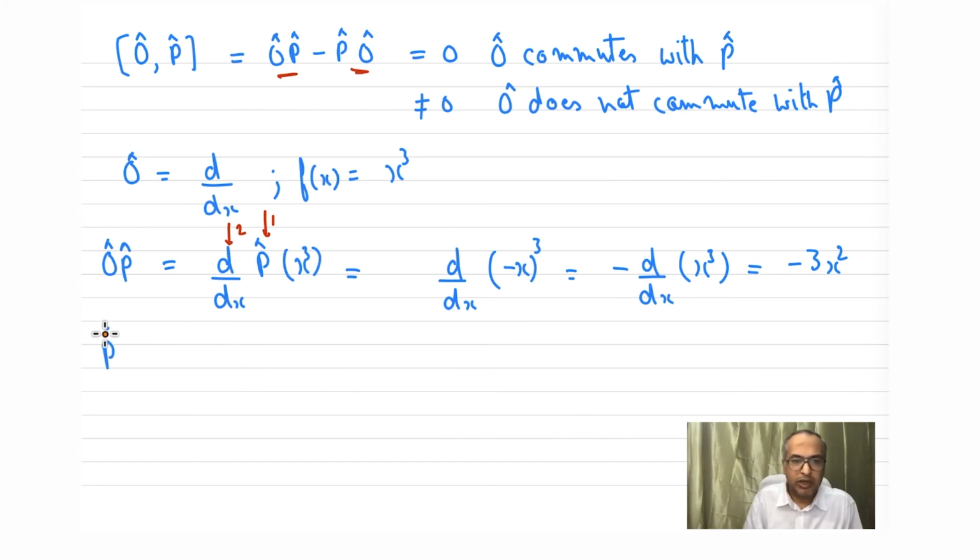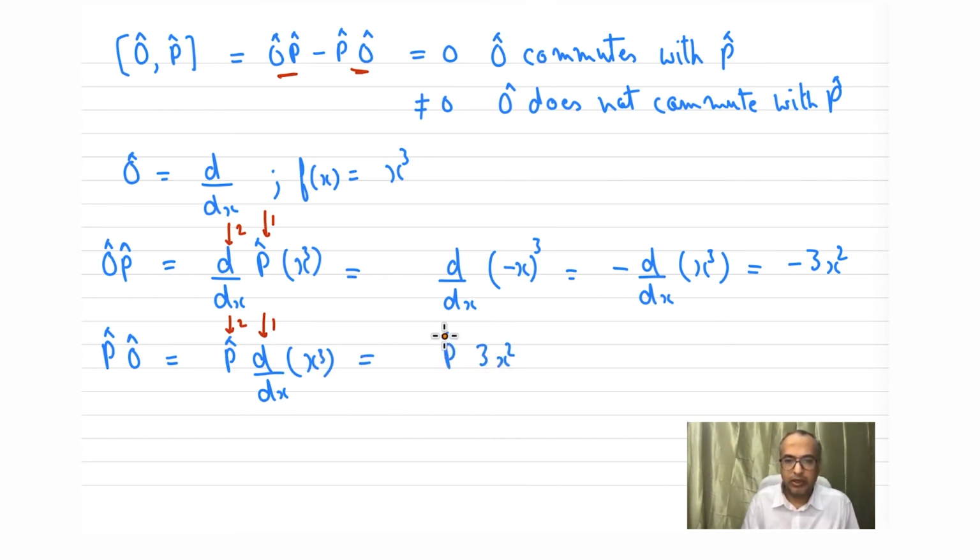Now let us calculate PO. So in this case, P d by dx x cube. This will be your first operation and this will be your second operation. First operation, derivative of x cube, which will be 3x square, and we have parity on this.